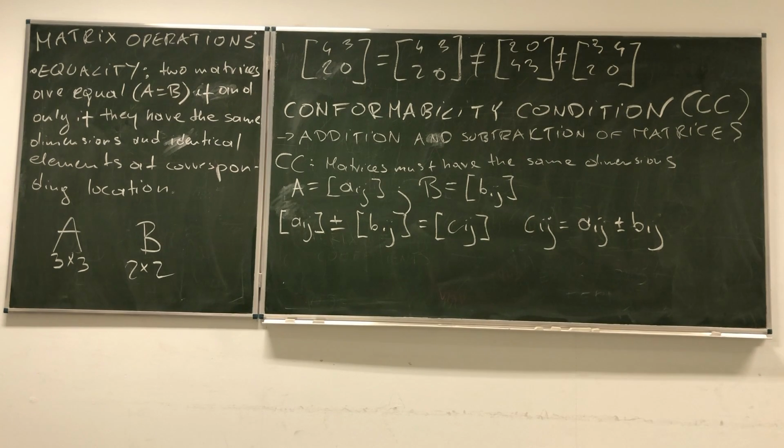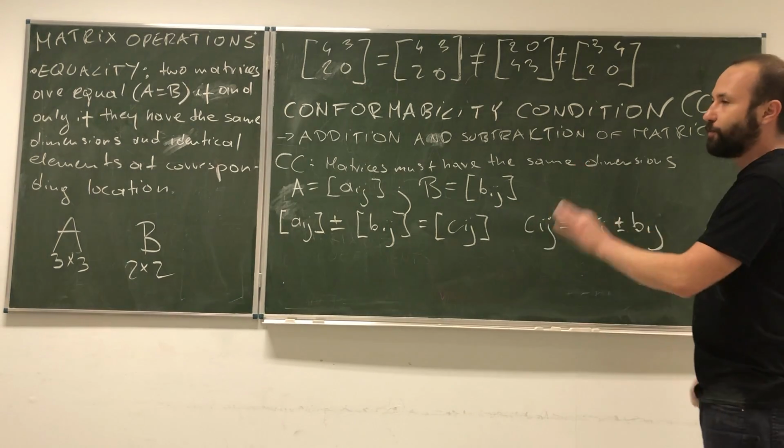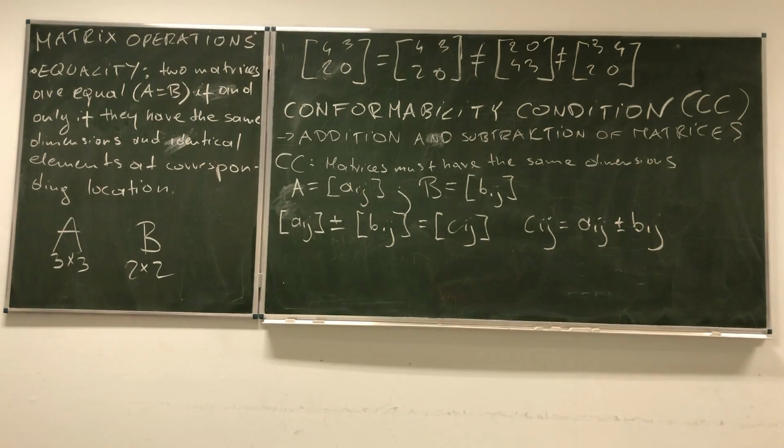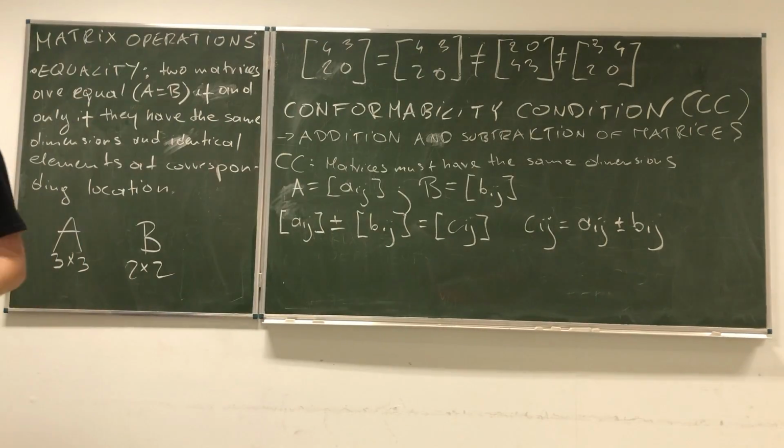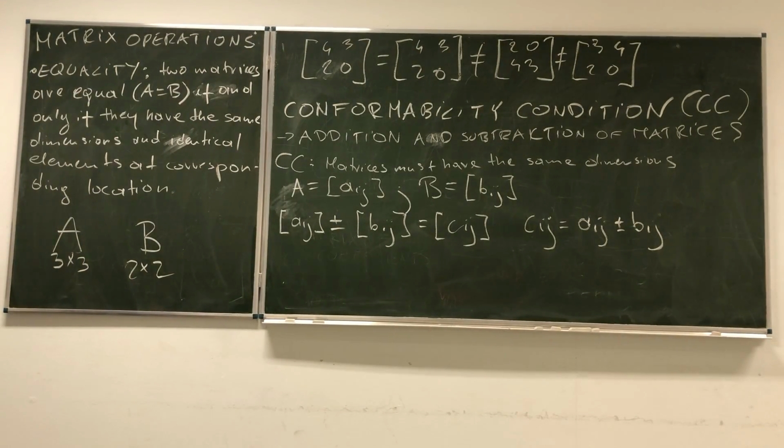So look, I just said in a relatively smart way a very simple thing. If I have two matrices and I want to add them or subtract one from the other, all I need to do is to perform this operation on each corresponding element. So we add or subtract all appropriate elements.